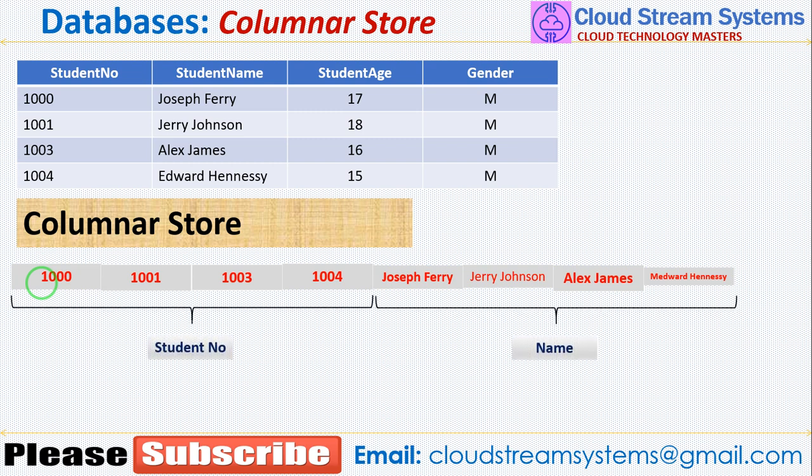How is this really going to help? Let us suppose for student number you gave a size of 25, and for student name 35. But in real time, even though you gave 25 as the size limit, you may not use all 25. Here you have used just 4 characters, but it's still going to store the 25-character range in relational databases.